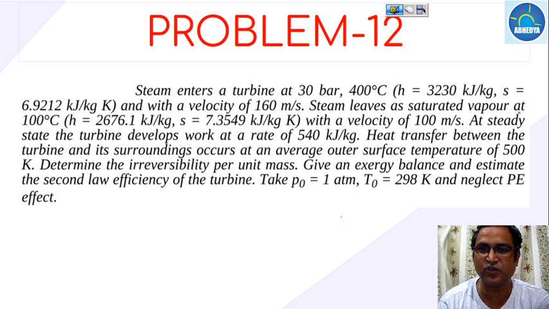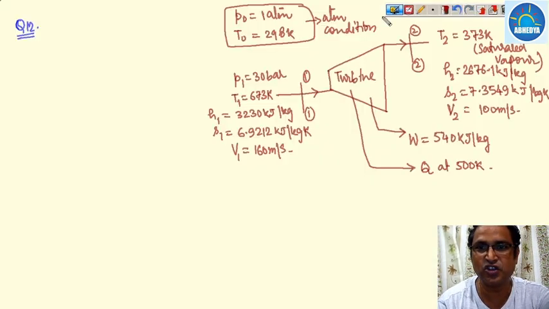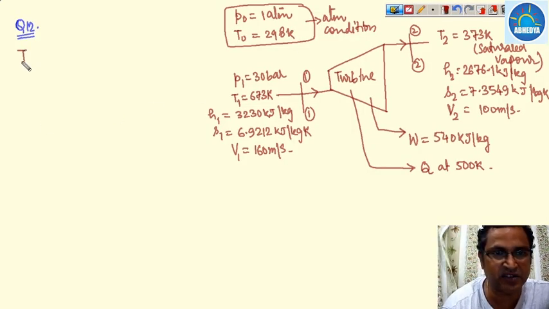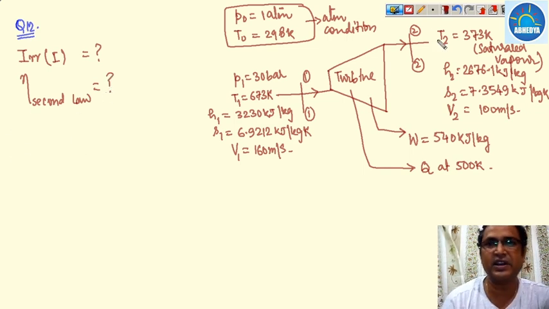So I am doing all the calculations on a per unit mass basis, and give an exergy balance and estimate the second law efficiency. So basically we have to calculate irreversibility I, and second law efficiency.